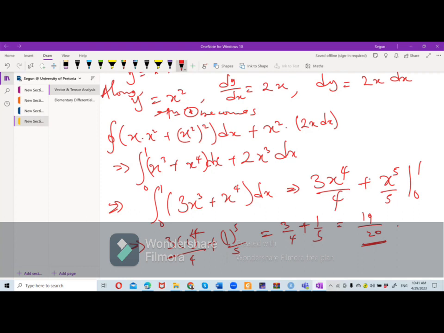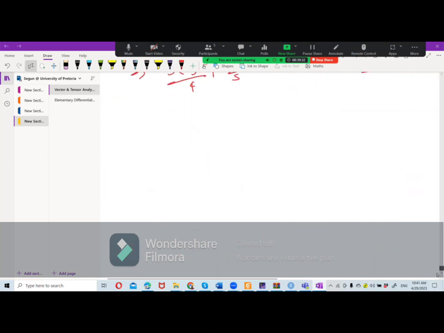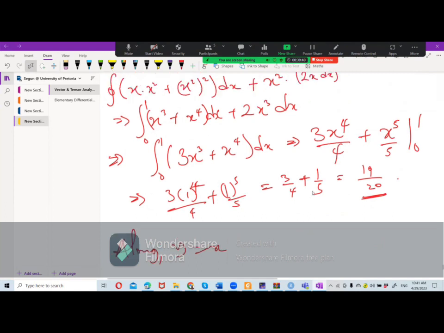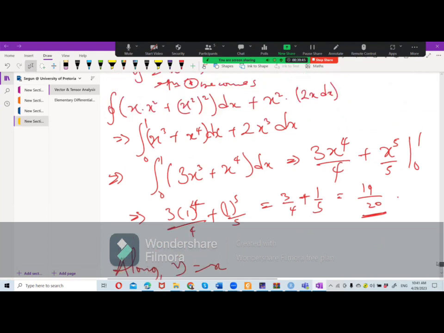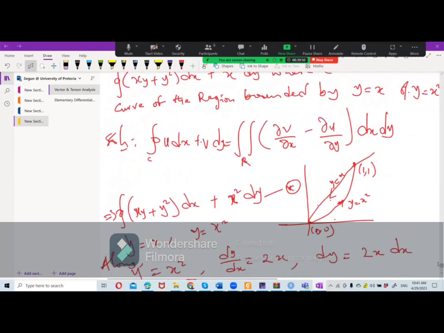Remember, we only checked along y equals x squared. What about along y equals x? We have when y equals x and when y equals x squared. We just finished x squared, so we now do the one along y equals x. Now let's go back to the diagram so that you understand what I'm doing. Look at this.